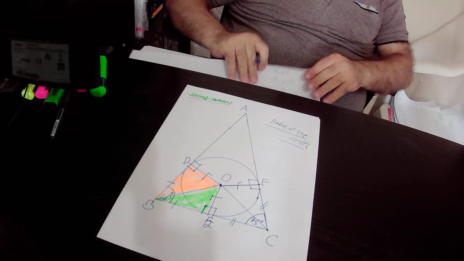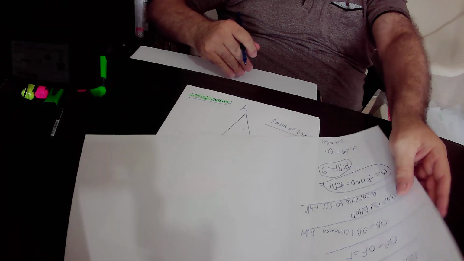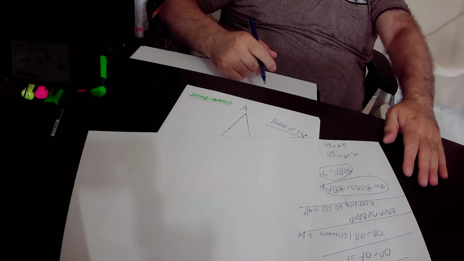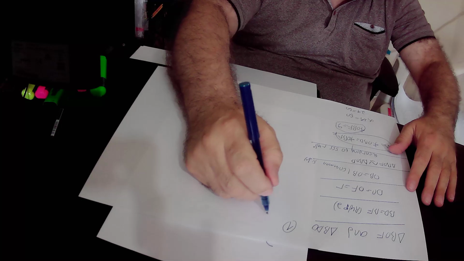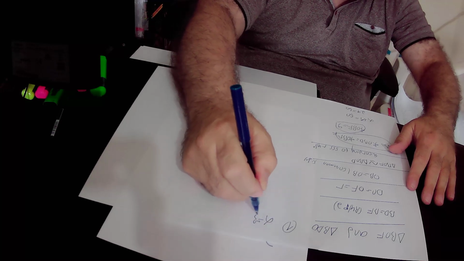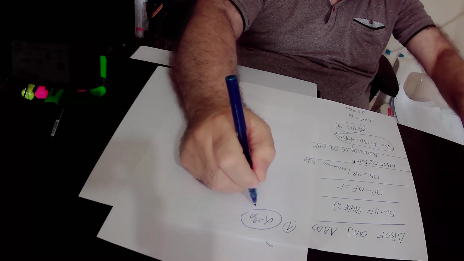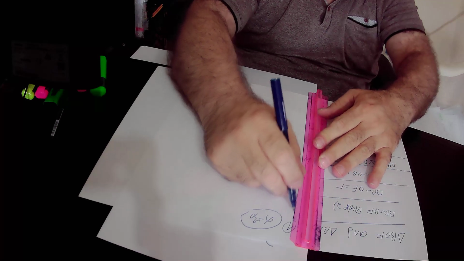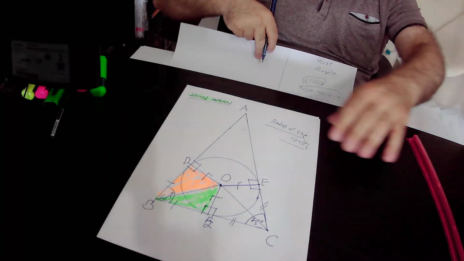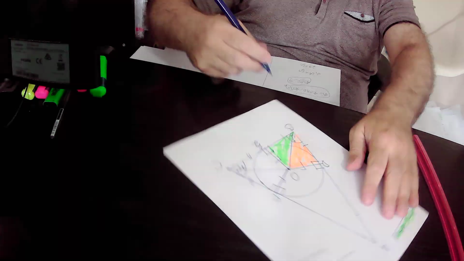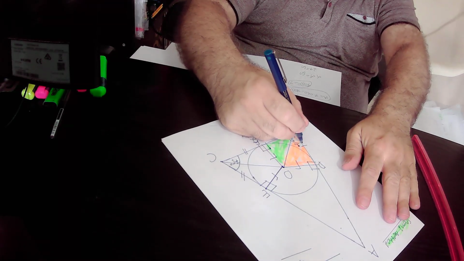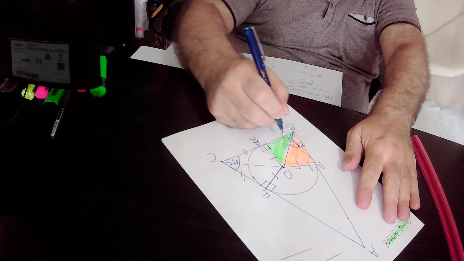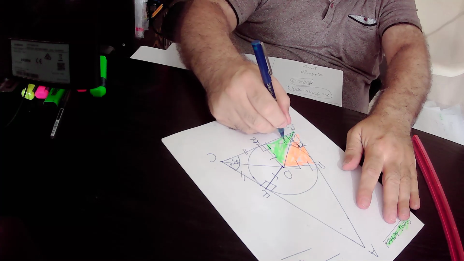We divide this equation by 2 and we get that angle alpha equals 30 degrees. Here this angle alpha equals 30 degrees, and this angle alpha also equals 30 degrees.